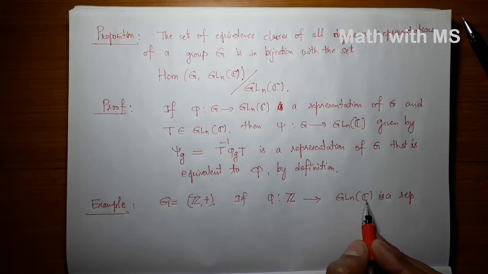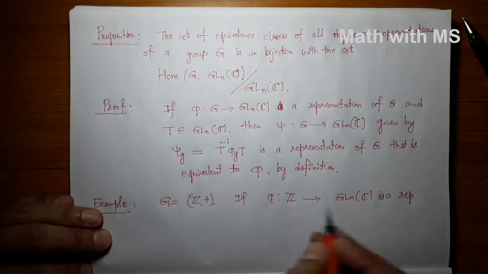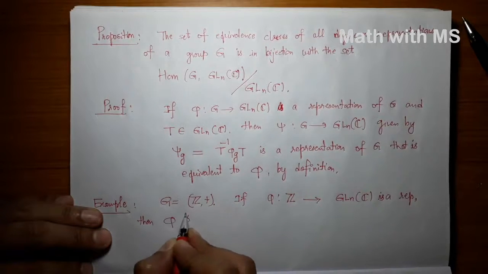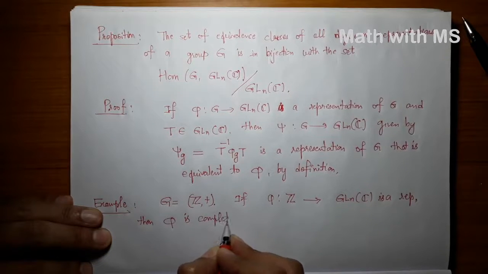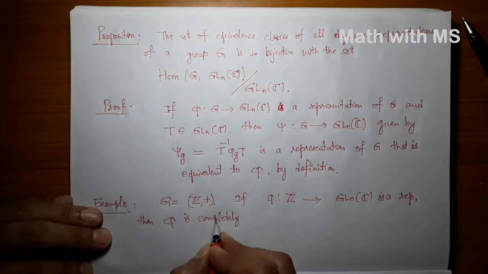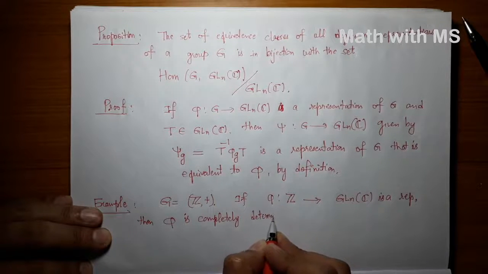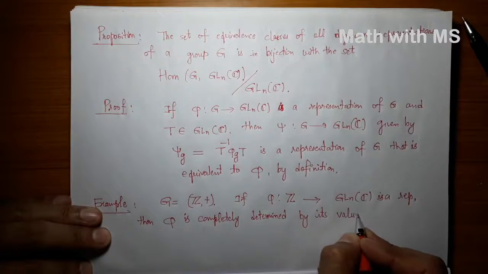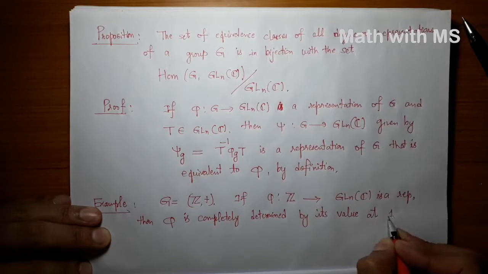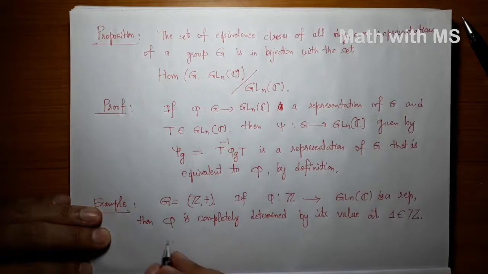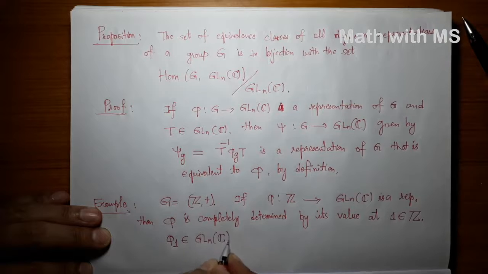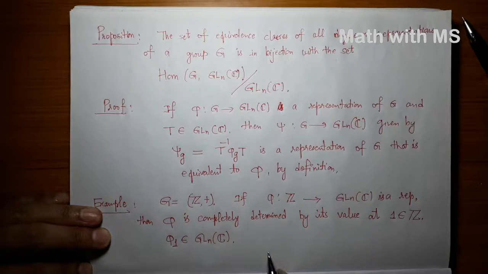So phi is completely determined by its value at 1, which has to be an element of GLnC, and you could take any element of GLnC.